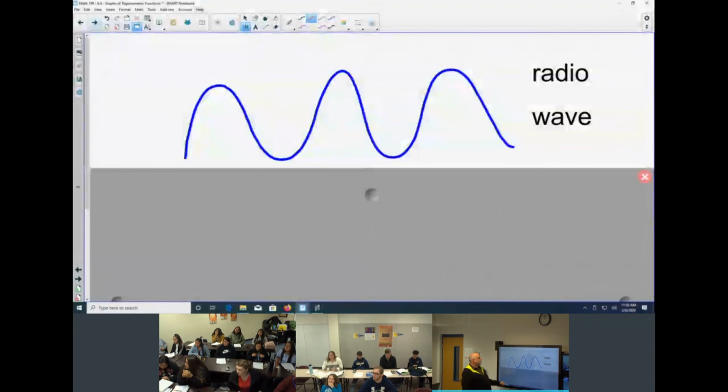Now you might not know this, but radio waves look like sine waves or cosine waves. When you tune in a radio, I don't know if anybody does this anymore, maybe in your parents' car, there are 2 different bands to tune in so that your radio is receiving the exact wave that the radio is broadcasting.